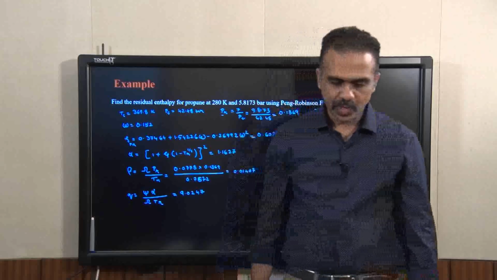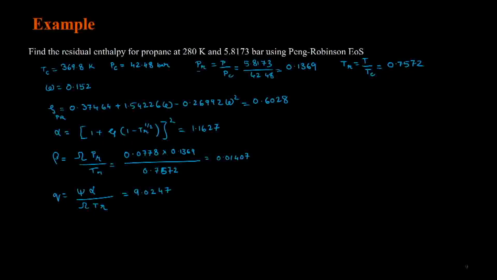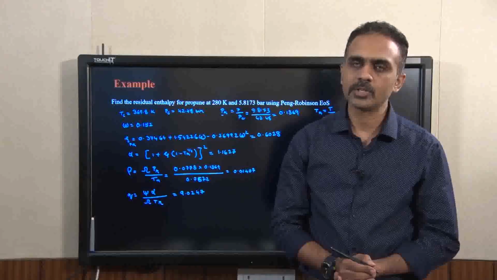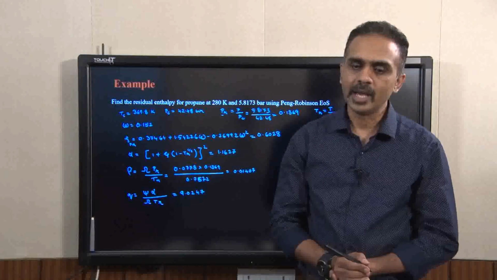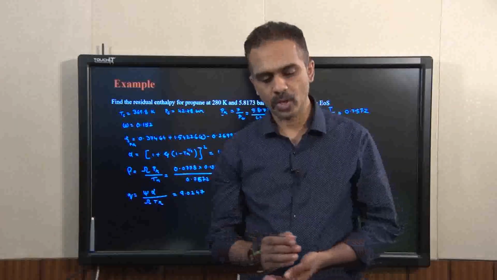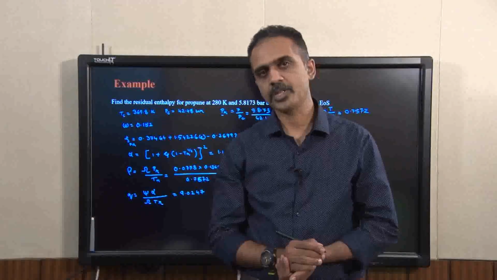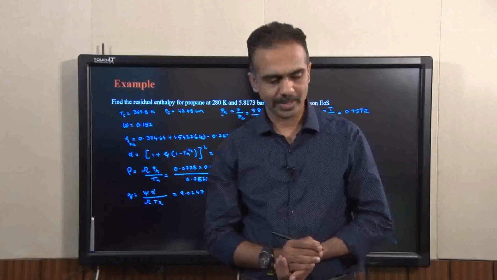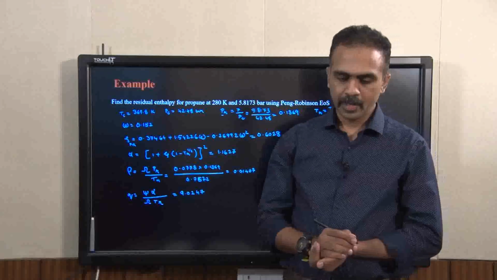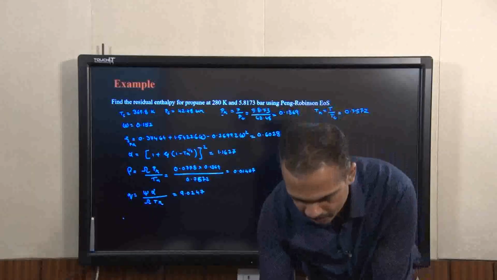The next thing to find is the actual value of the compressibility factor itself. In one of the previous lectures, when we looked at using cubic equations of state for finding the compressibility factor or the molar volume, we wrote the expression in terms of a cubic polynomial in Z. So let's write that down again.